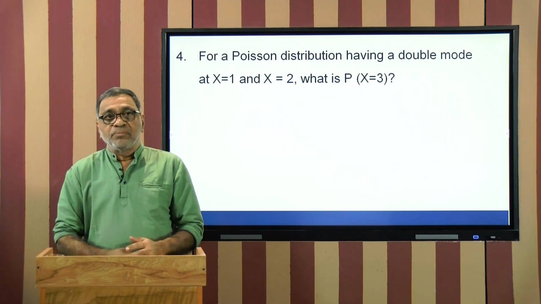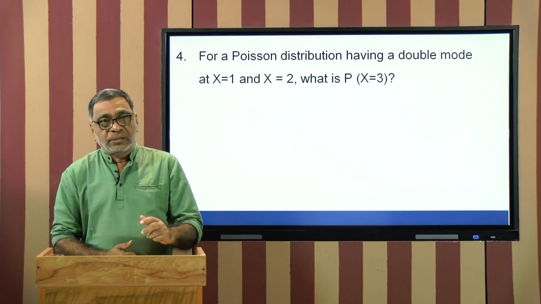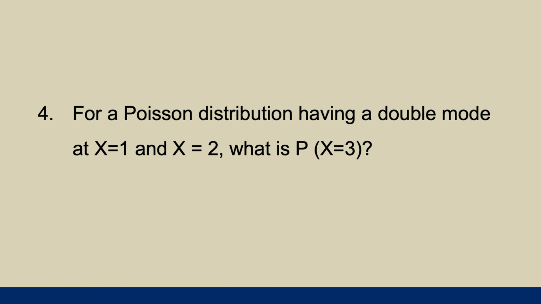And in this problem, lambda is not given directly. It is mentioned that the Poisson distribution has a double mode at x equal to 1 and x equal to 2. From that concept, you have to identify the value of the parameter lambda.